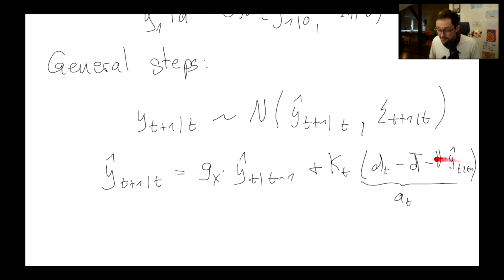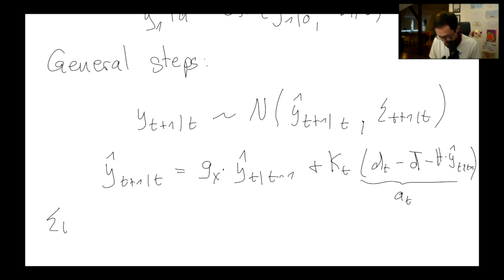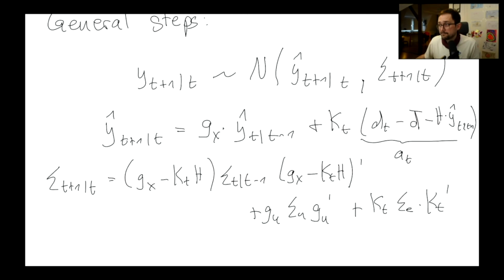So this is what we think dt will be, d hat t given t minus 1. Compare that to dt, this is the forecast error. Kalman gain times forecast error is needed for y hat t plus 1 given t, and sigma t plus 1 given t is that formula that we've just seen. So these are, very importantly, the closed form expressions for the state forecast y hat t plus 1 given t and the corresponding covariance matrix sigma t plus 1 given t.